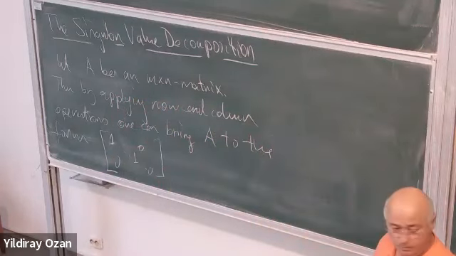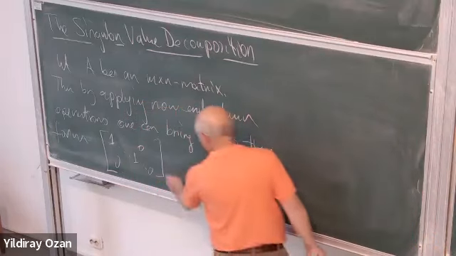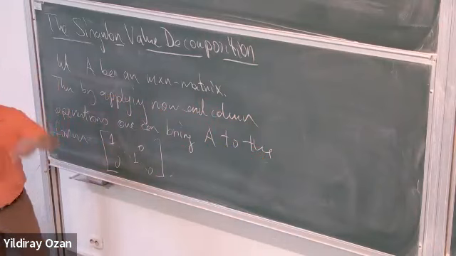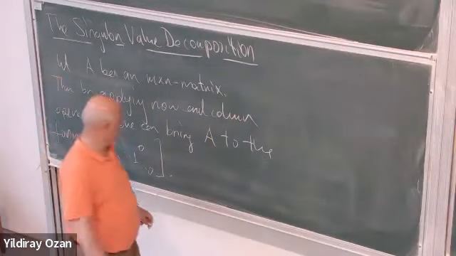So a rectangular matrix. Of course, each row and column operation is actually an invertible operation.